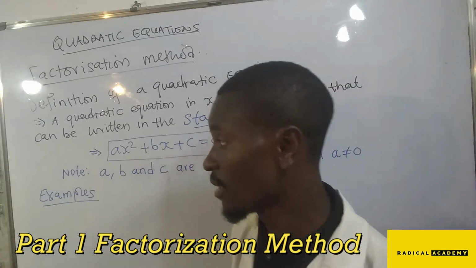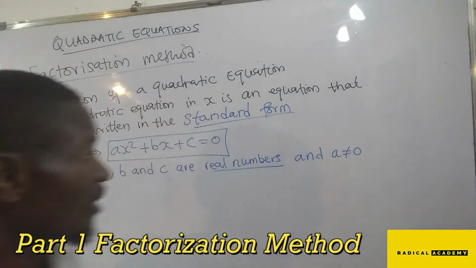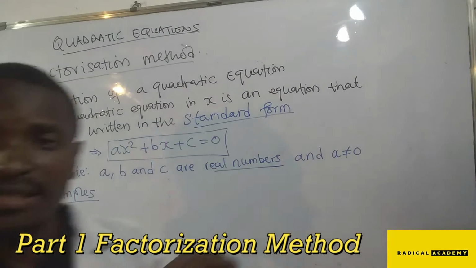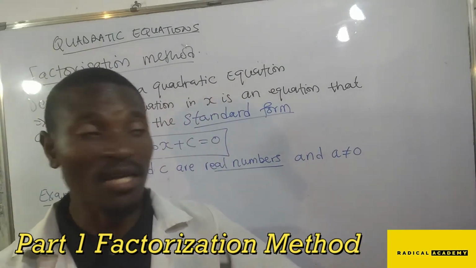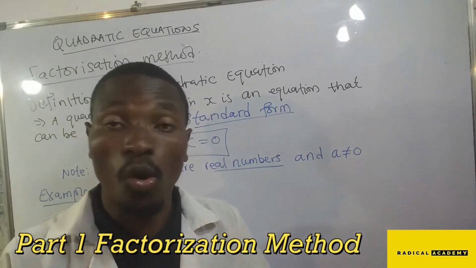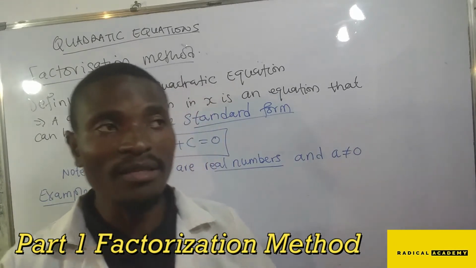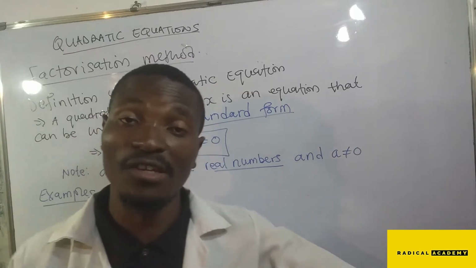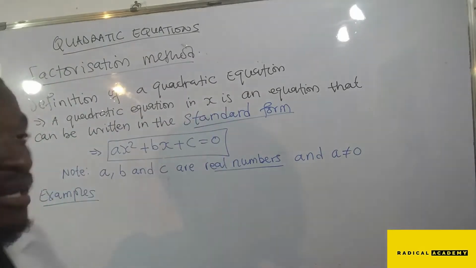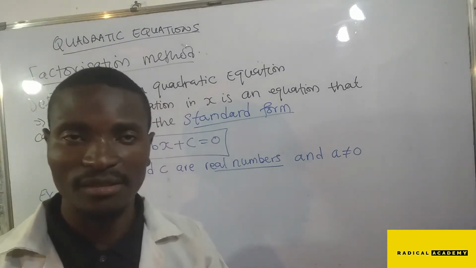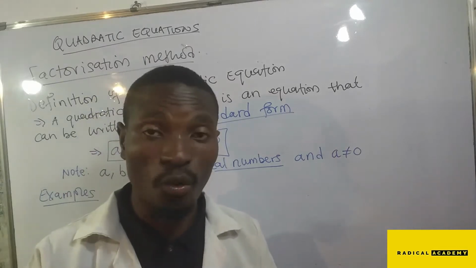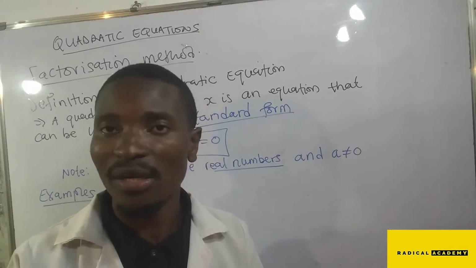Note that a, b, and c are just the coefficients in the standard form. So if you are given a quadratic equation, the key thing is always to identify what is your a, what is your b, as well as what is your c.